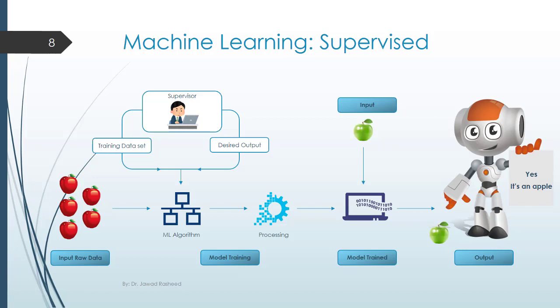Once the model is fully trained, you give it another data set so that the machine can predict. That data would never have been given before. As you can see here, this green apple was never fed to the system before.